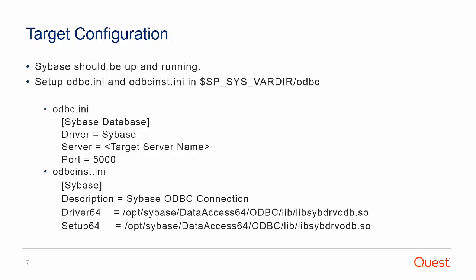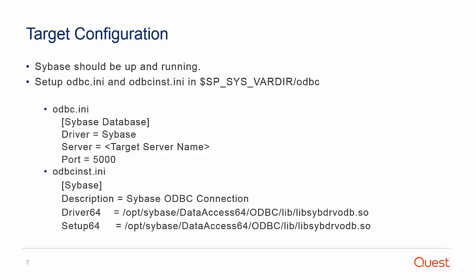When configuring the Sybase target for replication, make sure Sybase is up and running on the server. By default, Sybase uses port 5000 for its communication. If there is any change in this port, add the new port to odbc.ini from the SharePlex /odbc folder.